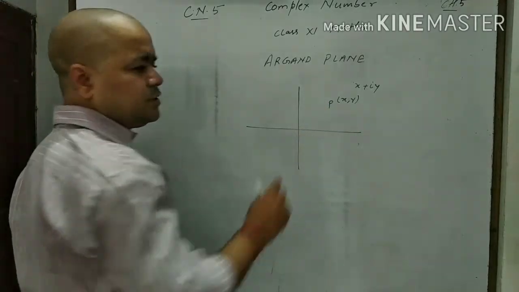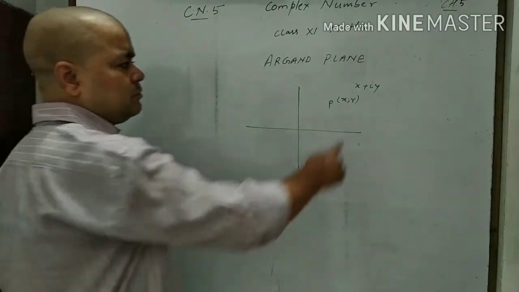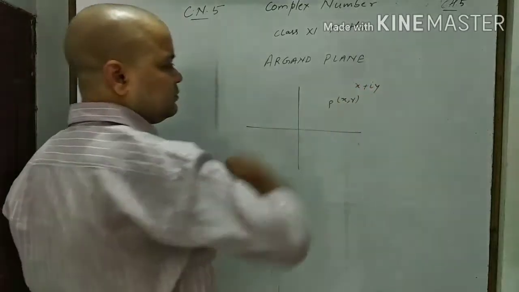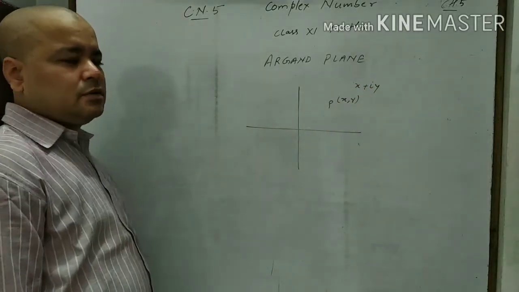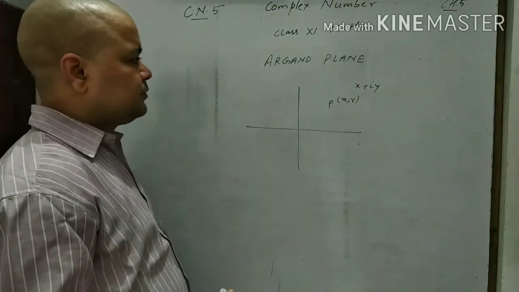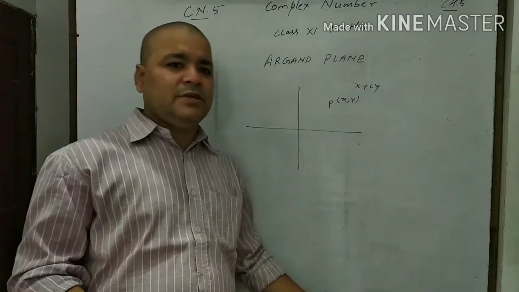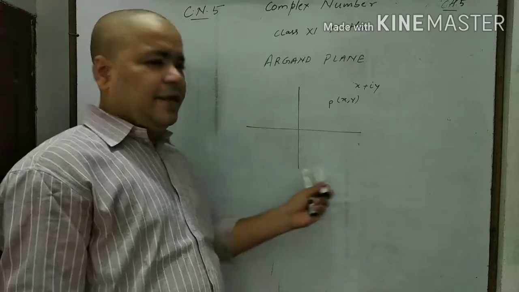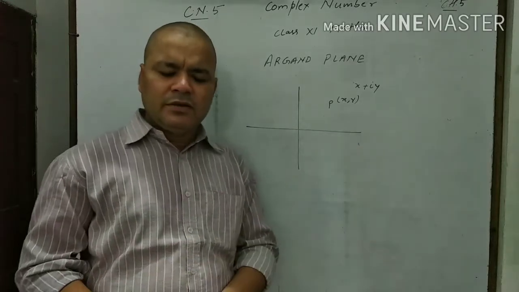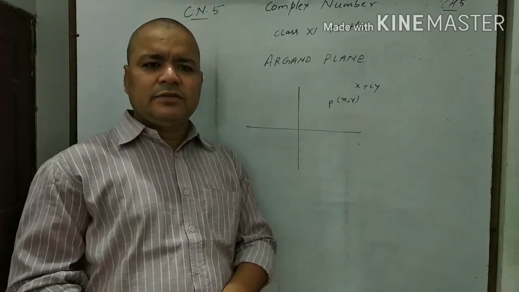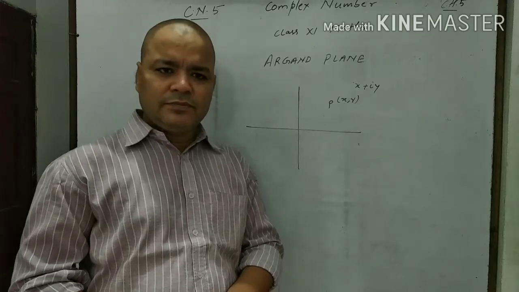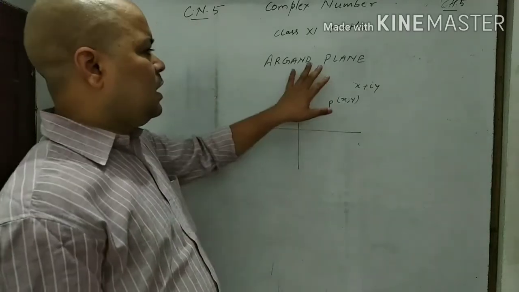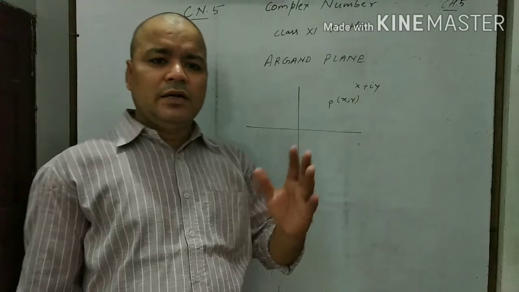For each point we have a complex number x plus iy, and for each complex number we have a point in the plane. The plane which indicates the complex number is called the Argand plane or complex plane.